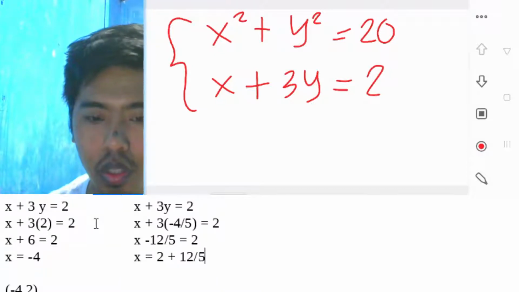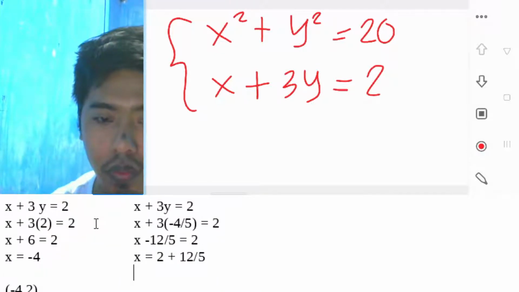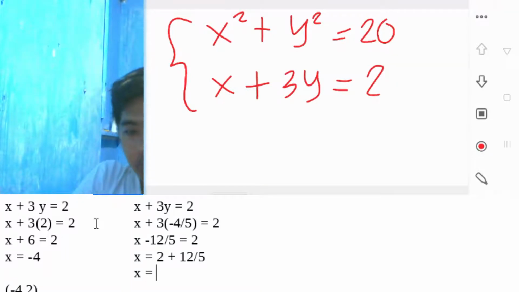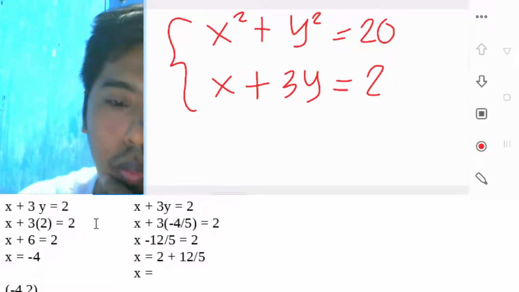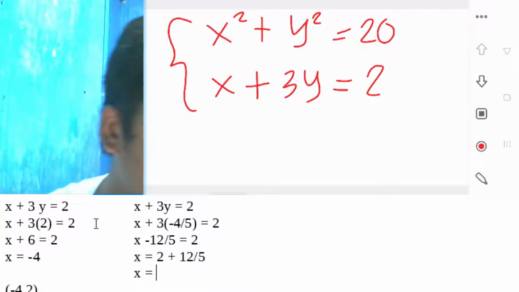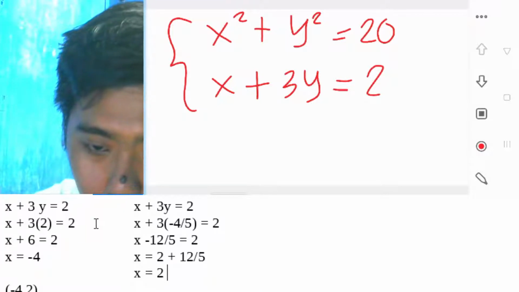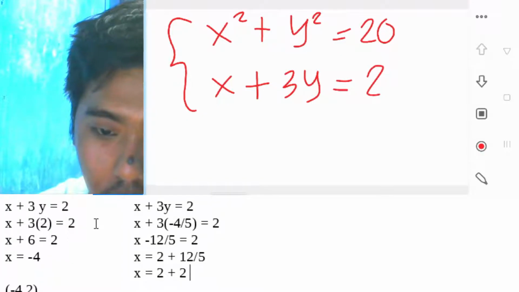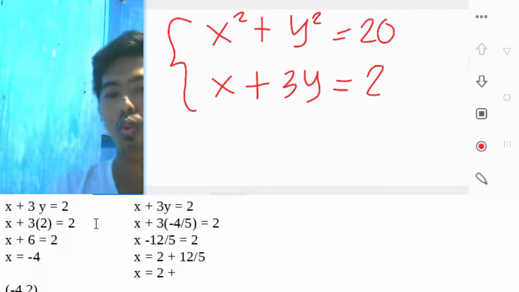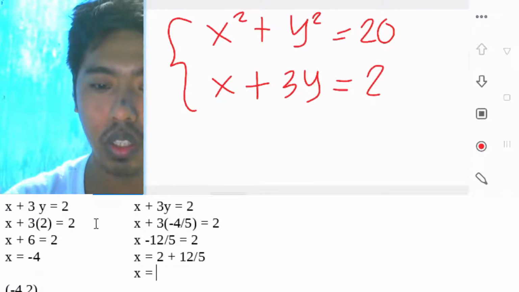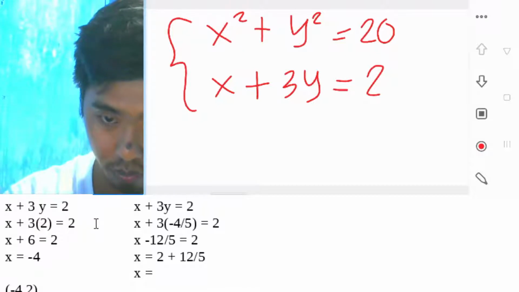Now add fractions. x equal to 2 plus 12 over 5. Let's make 2 an improper fraction. LCD is 5. 5 divided by 1, times 2, that's 10.